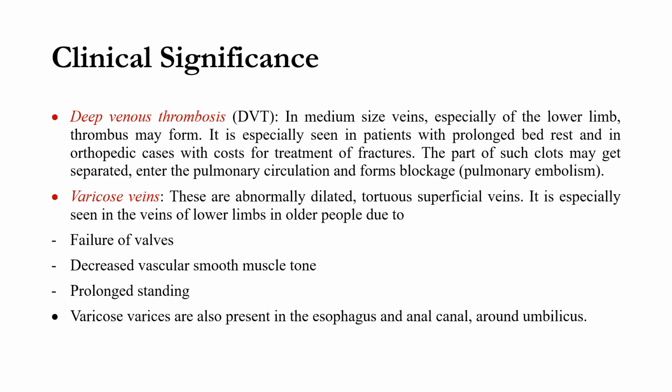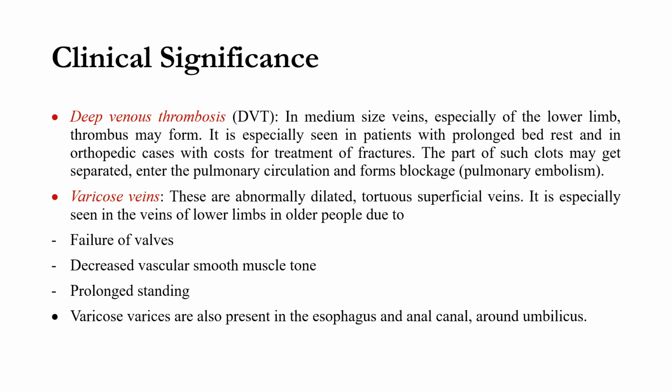Then varicosities are also seen in the esophagus, anal canal, and around the umbilicus. When portal hypertension occurs, we can see such varicosities. If the dilated veins in the esophagus, the esophageal varices, get ruptured, they lead to hematemesis.